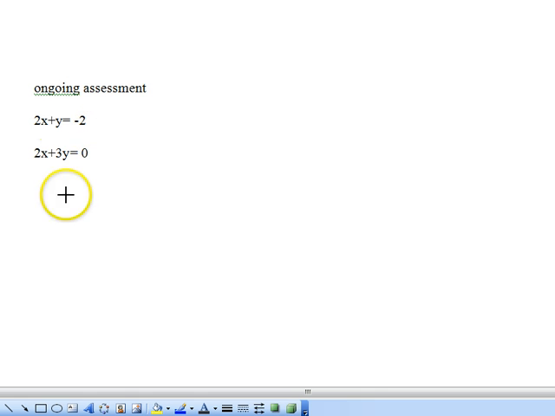So simply put, all we're going to do is take both sides of this equation and subtract them.